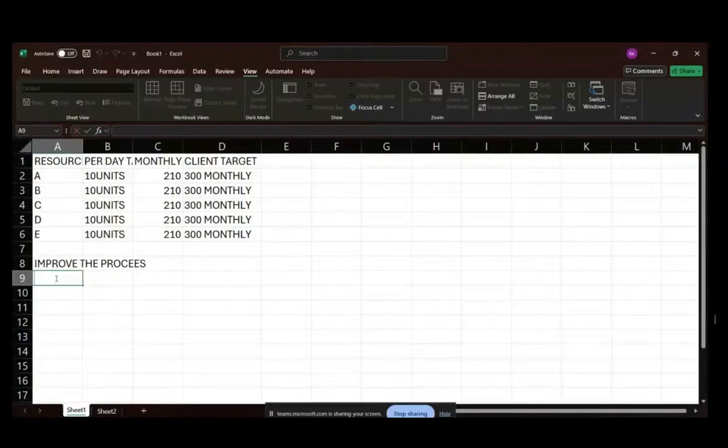Please write down the measurable outcome or output that reflects process performance.